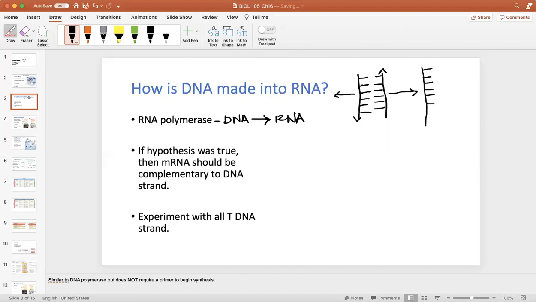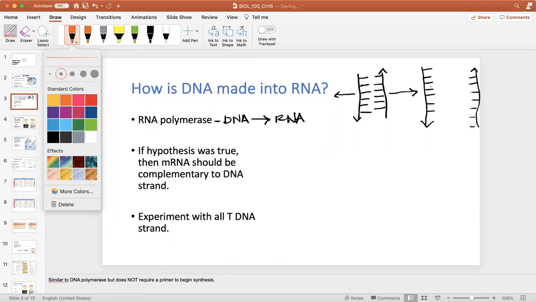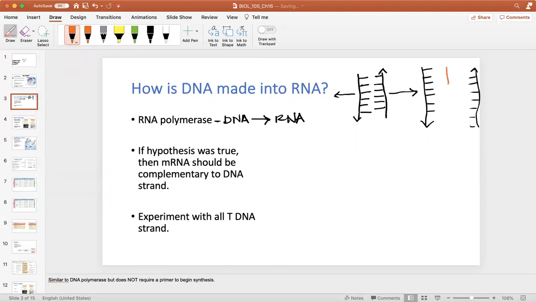And what RNA polymerase is going to do, so here's the other strand, is it uses only one of these strands, okay? RNA polymerase is going to come along and make a strand of RNA. This time my orange means RNA. The same way that DNA polymerase made DNA. Now, how is it different?